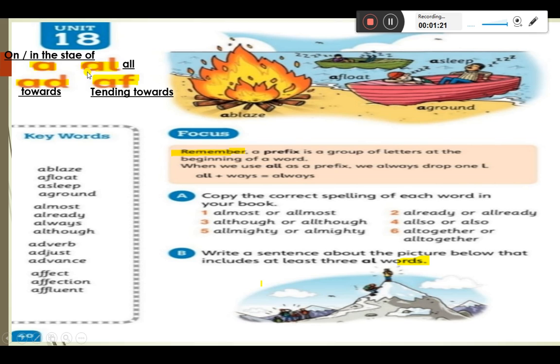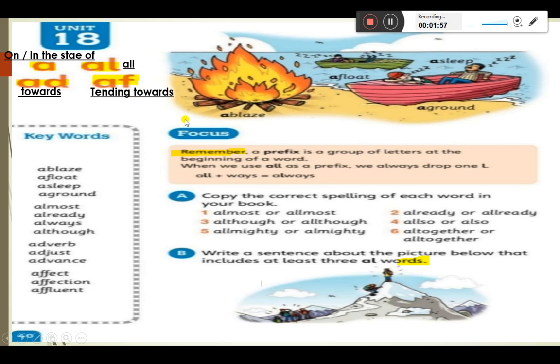And then we have al, which is supposed to be all, but when we put all as a prefix at the beginning, we drop one L. Okay, so it's al. And then we have ad, which means forward or moving forward. And then we have af, which means tending forwards. Okay?